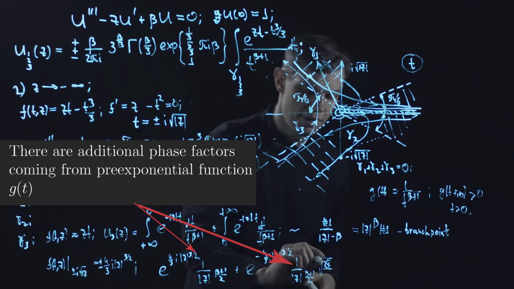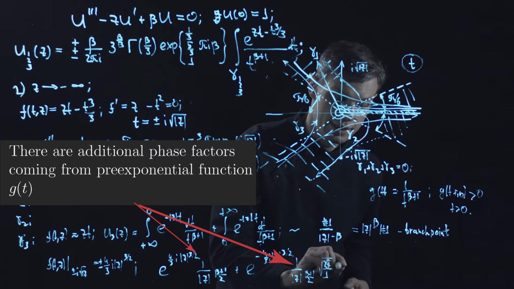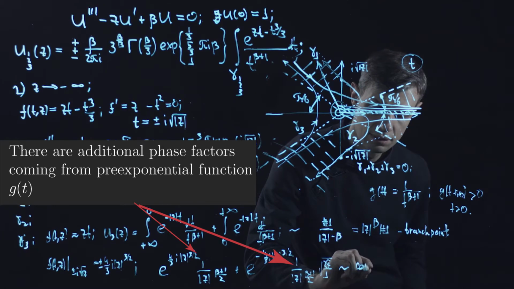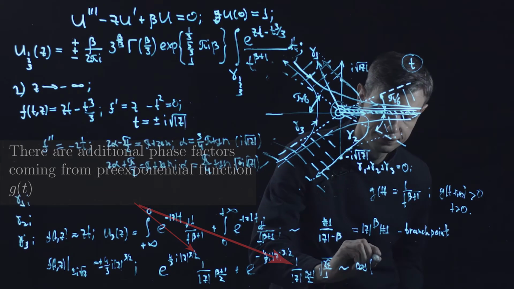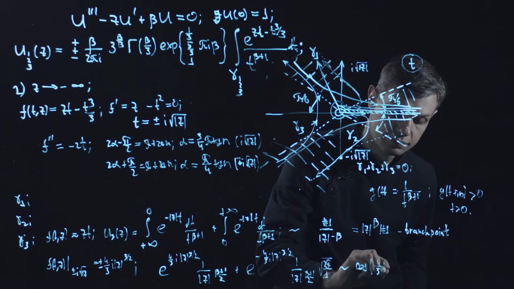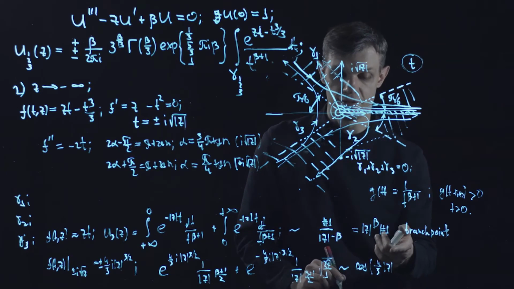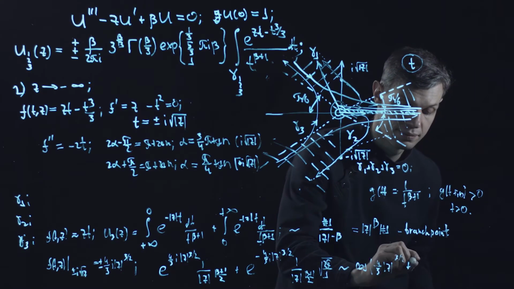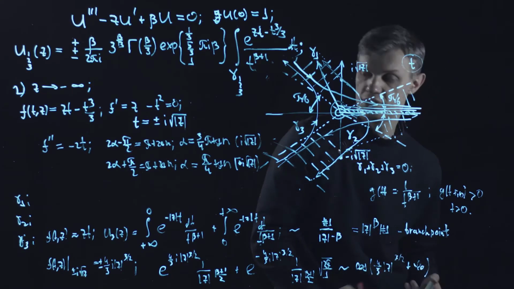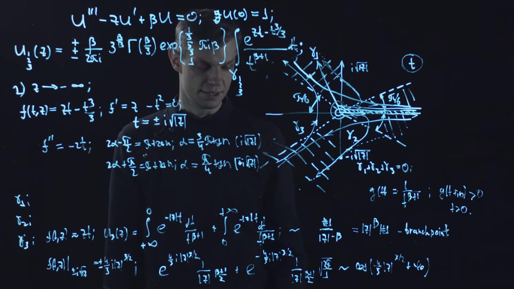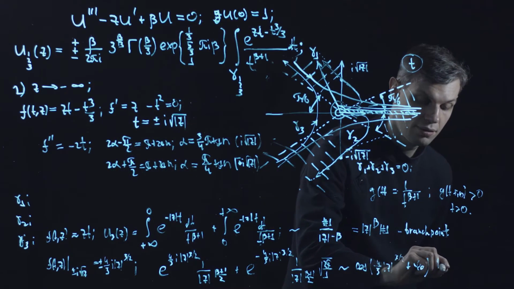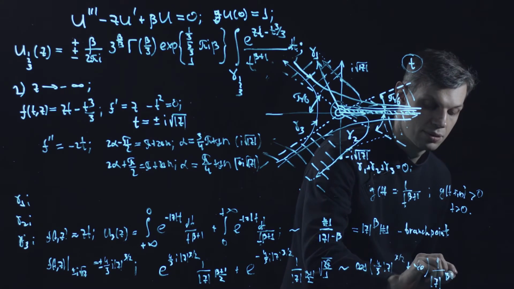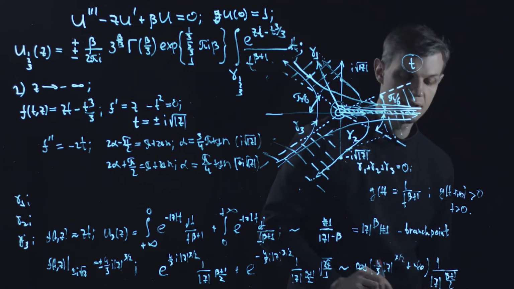But in this case, there will actually be none. So the whole contribution is proportional to the cosine of 4/3 of z to the 3/2 plus some phase, which is defined by our steepest descent expression, and the whole thing has the prefactor of modulus z to the power beta plus 1 over 2 in the denominator.